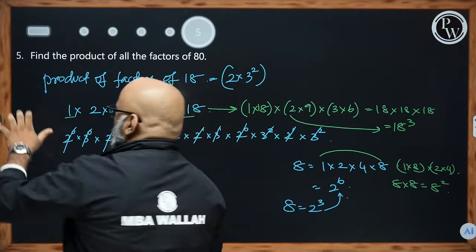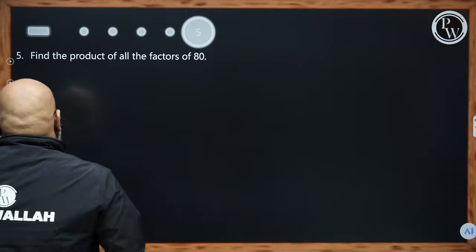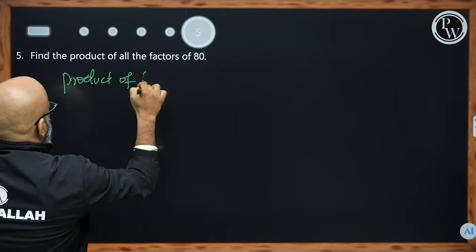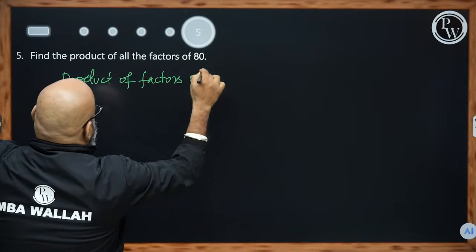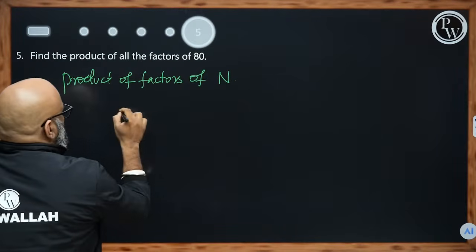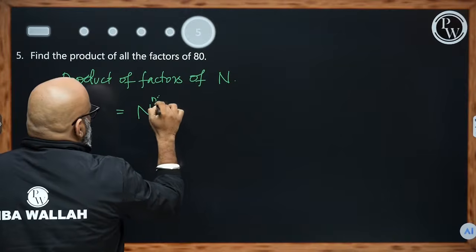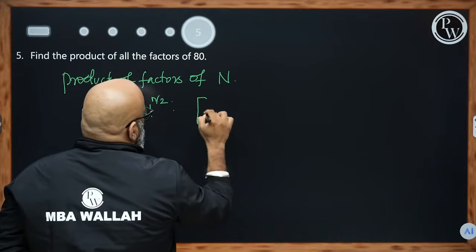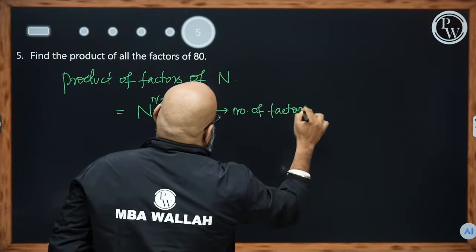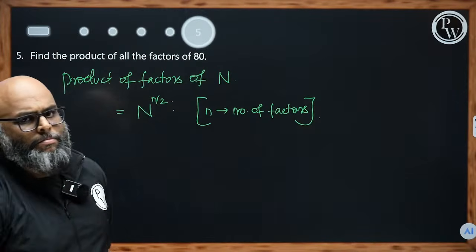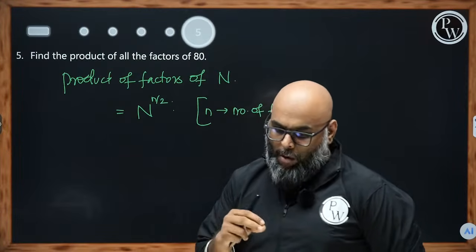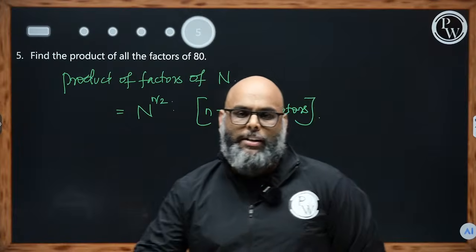Or in short, once again, the product of factors of, let's say, capital N, is equal to N power n by 2, where small n is the number of factors of N.